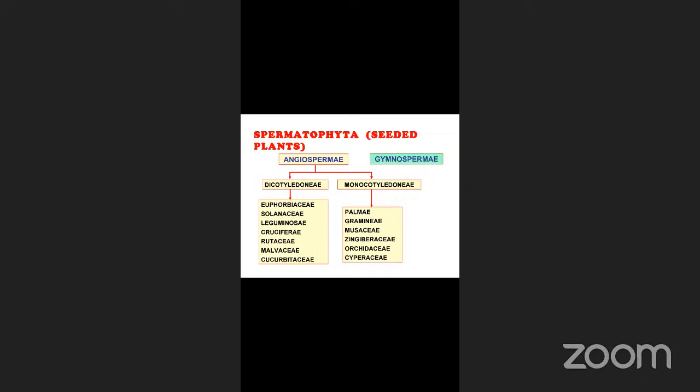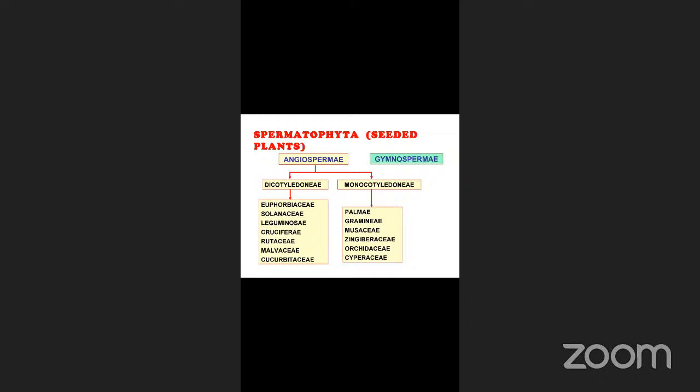Next, Compositae, the modern name is Asteraceae. Labiatae, the common name is Lamiaceae. Palmae, the common name is Arecaceae.